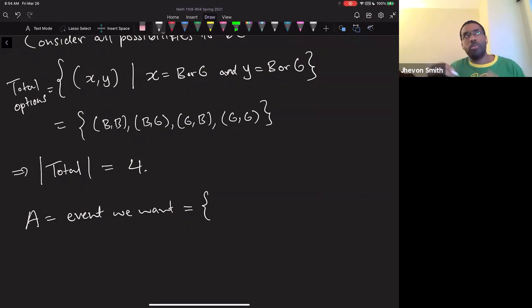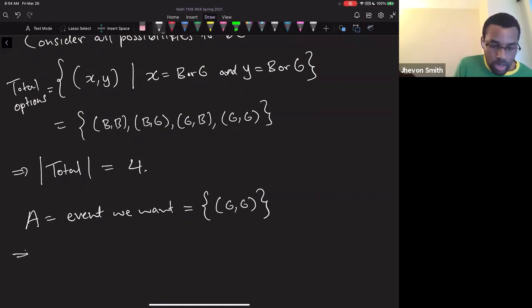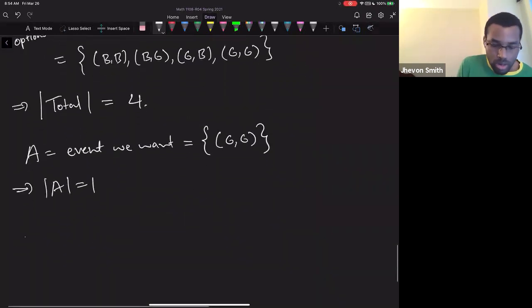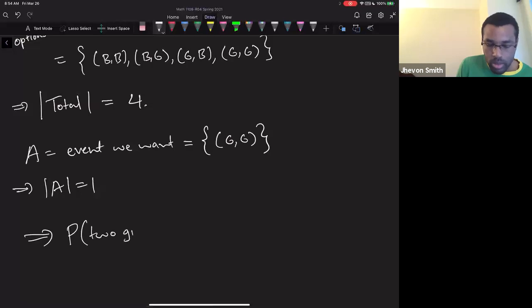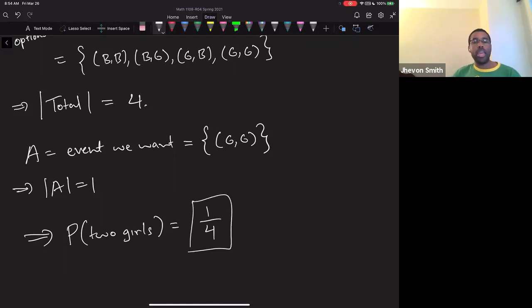The set of total options, by the way, is called a sample space. I'll define that later on. But the event we want is the event of having 2 girls. The size of the event is 1, and therefore the probability of 2 girls is 1/4, right? So that's why in answer A it was 1/4.